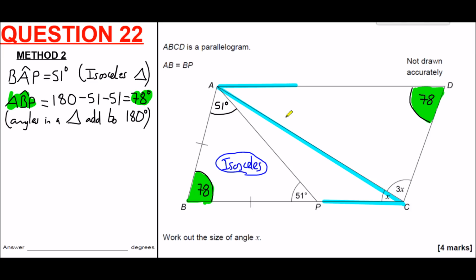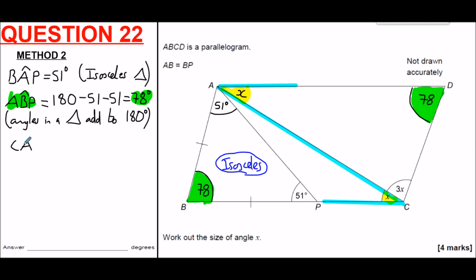hopefully you can see this is a sort of back to front Z angle. So if this one's X, the other corner for Z is also equal. So this angle here at the top will also be X, because alternate angles are equal. So we can put that down if you'd like.